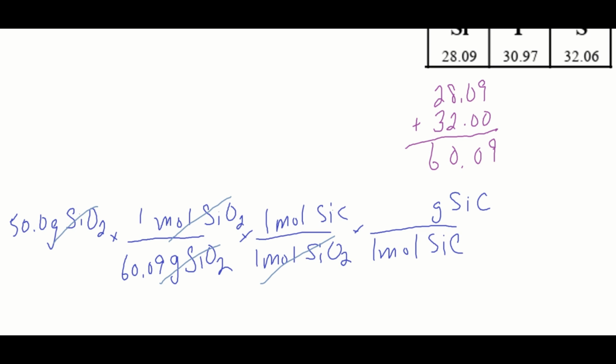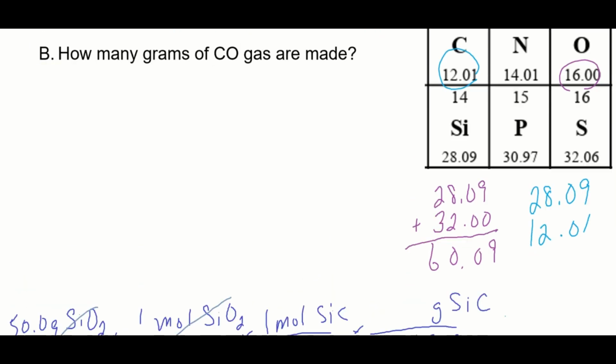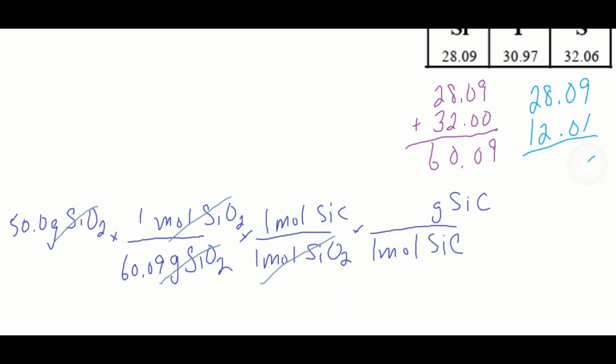Now, silicon is 28. I'll do this in a slightly different shade. And then there's 1 carbon, which is 12.01. So the molar mass of silicon carbide is 40.10 grams per mole.